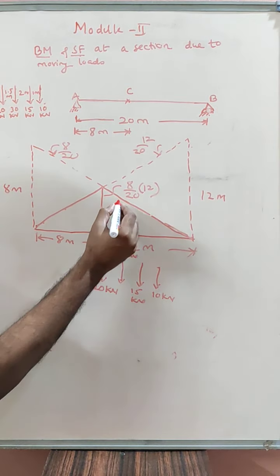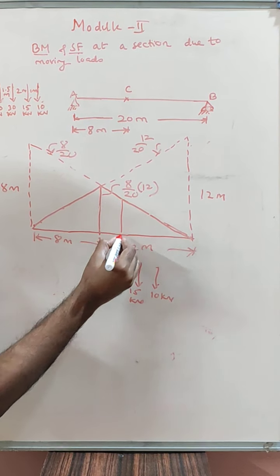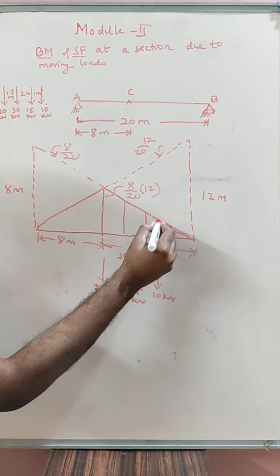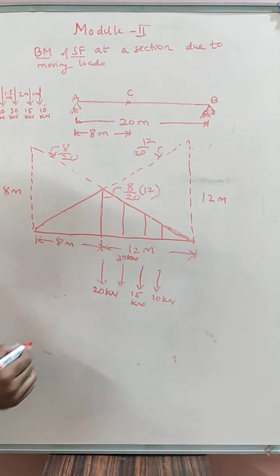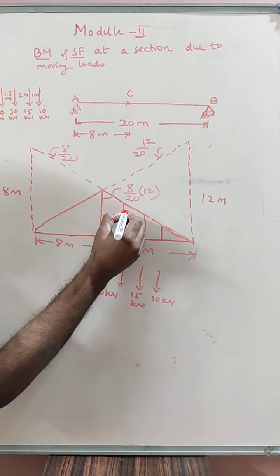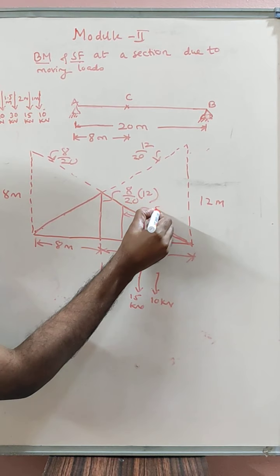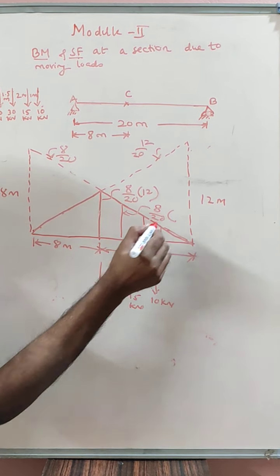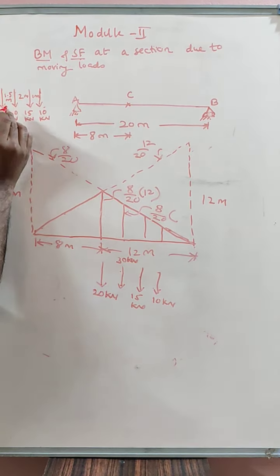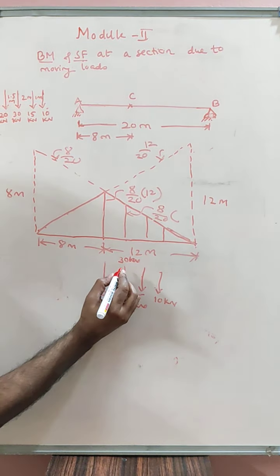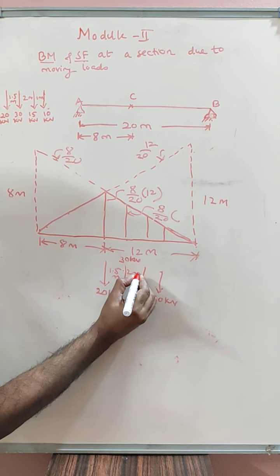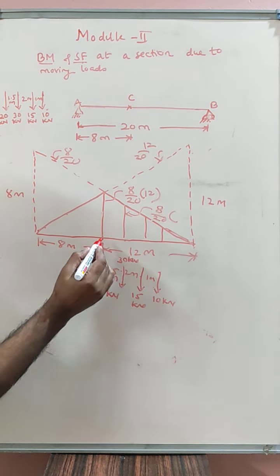This is already found out. Let us find out this ordinate corresponding to this load. This ordinate corresponding to 15 and the small ordinate. How to find out these ordinates? You refer to the slope of this line, 8 by 20. So what is this ordinate? 8 by 20 into the distance. What is the distance here? You can see the distance between 20 and 30 is 1.5 meters. This is 2 meters. This is 1 meter. So this is 1.5.